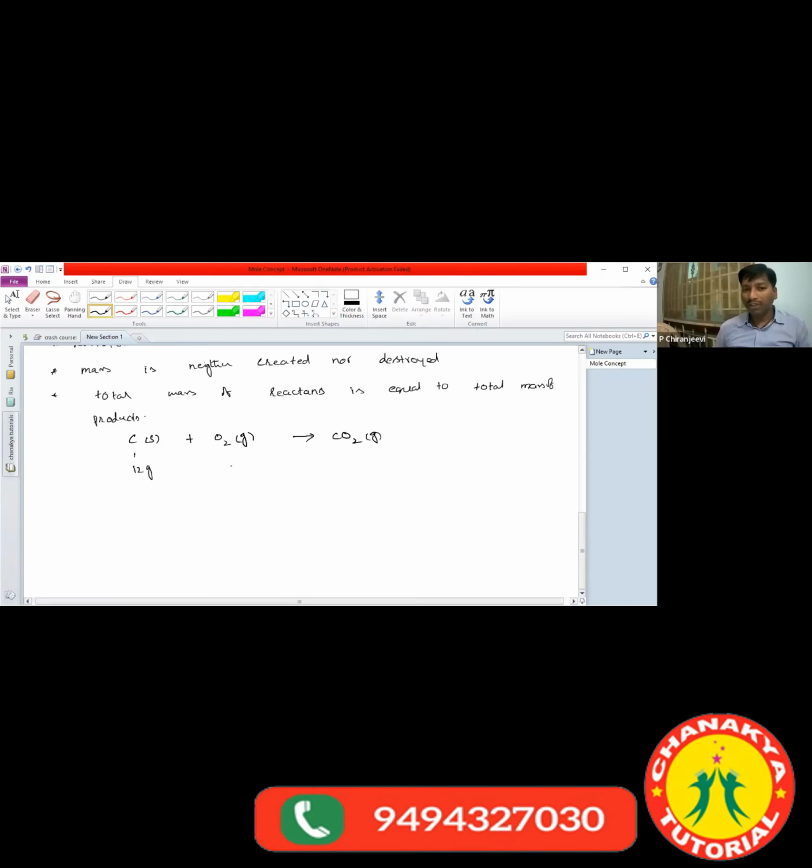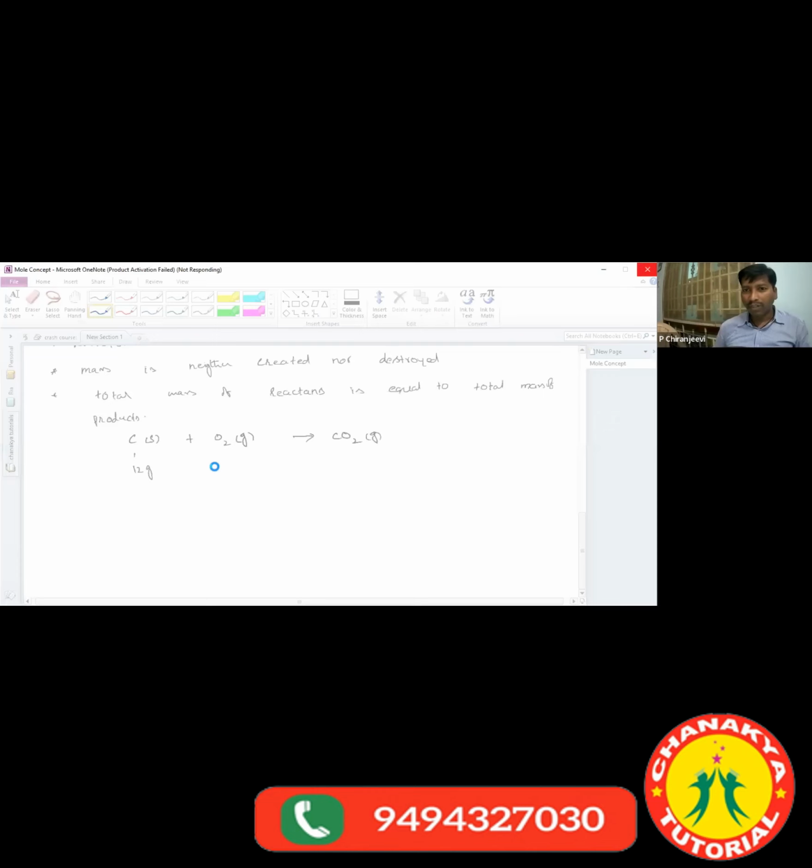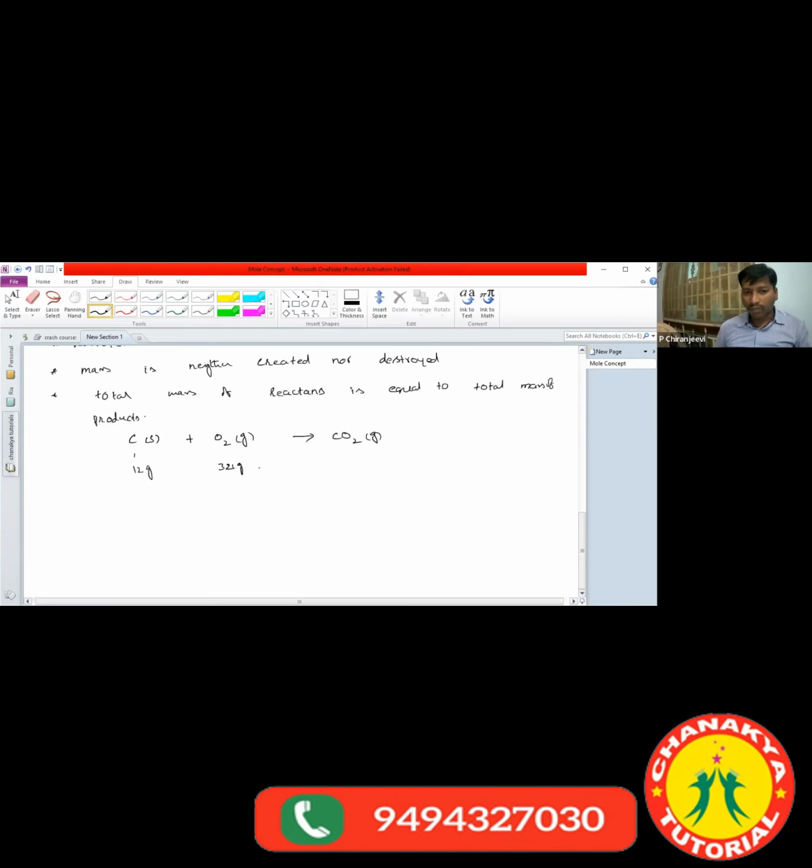What is the molecular mass of oxygen? 32 grams. And the total mass of carbon dioxide? 44 grams. According to the statement, the total mass of the reactants, 12 plus 32, is equal to 44 grams.